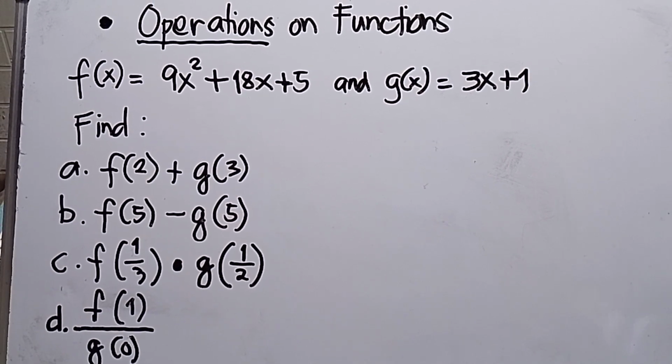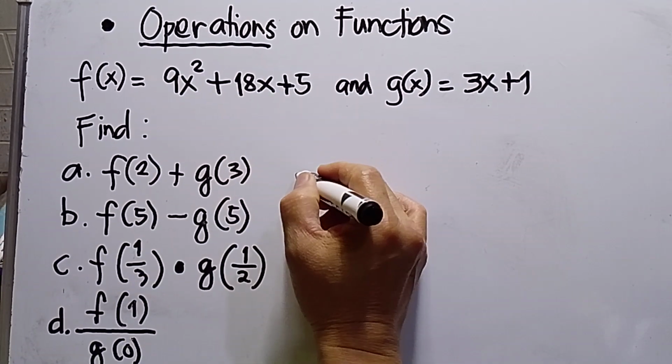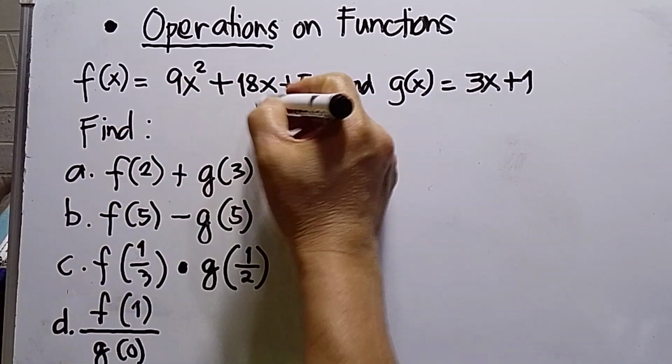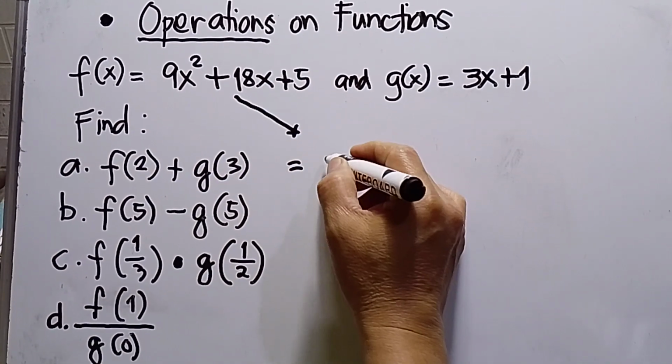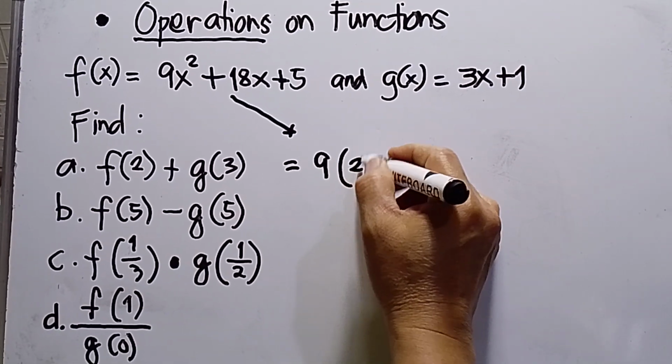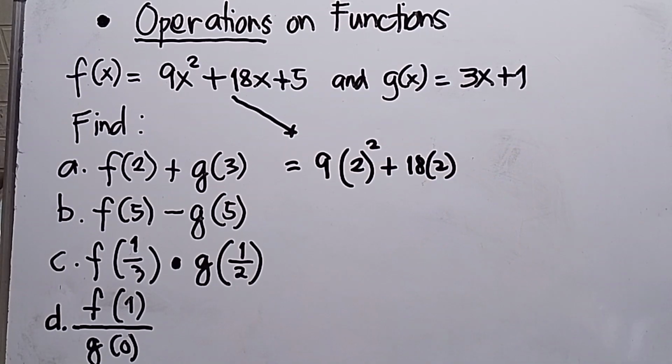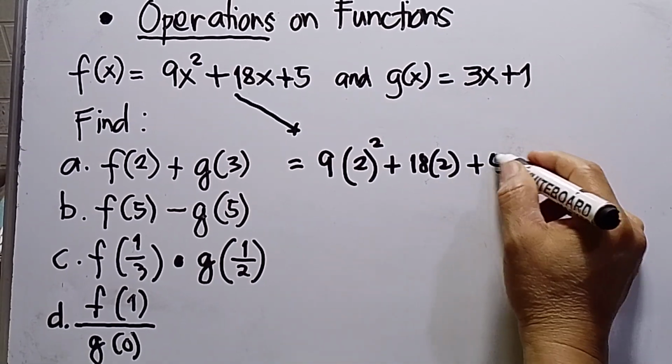So for letter A, I will solve this. So this will be f of x, so I need this function. So this will be 9 times 2 squared plus 18 times 2 plus 5.